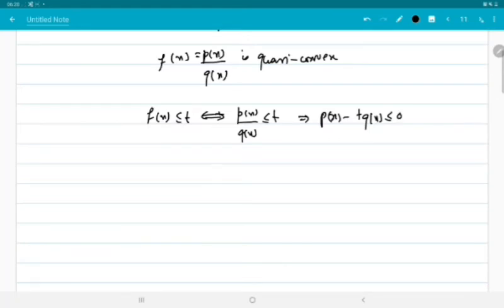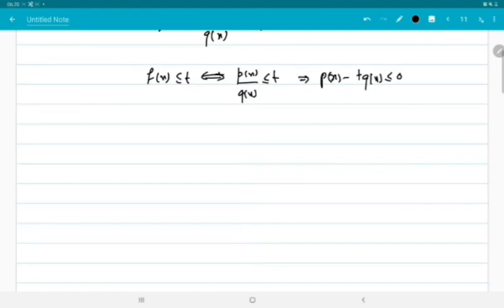So we converted this into a form where we have a convex function, because p of x is convex and q of x is concave. So now we have convex functions that all depend on t, and the x's which satisfy this are the 0 level sets of these functions.